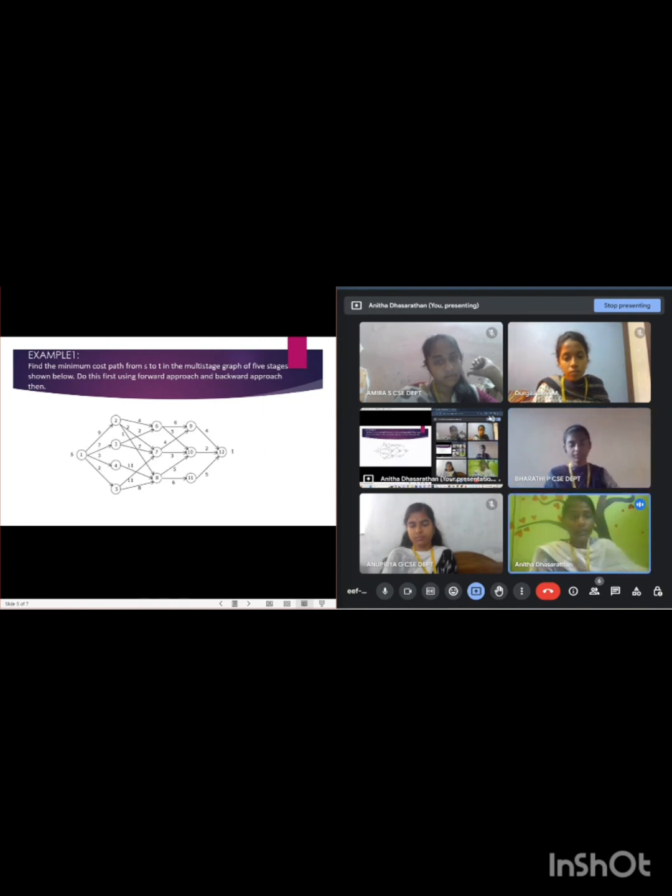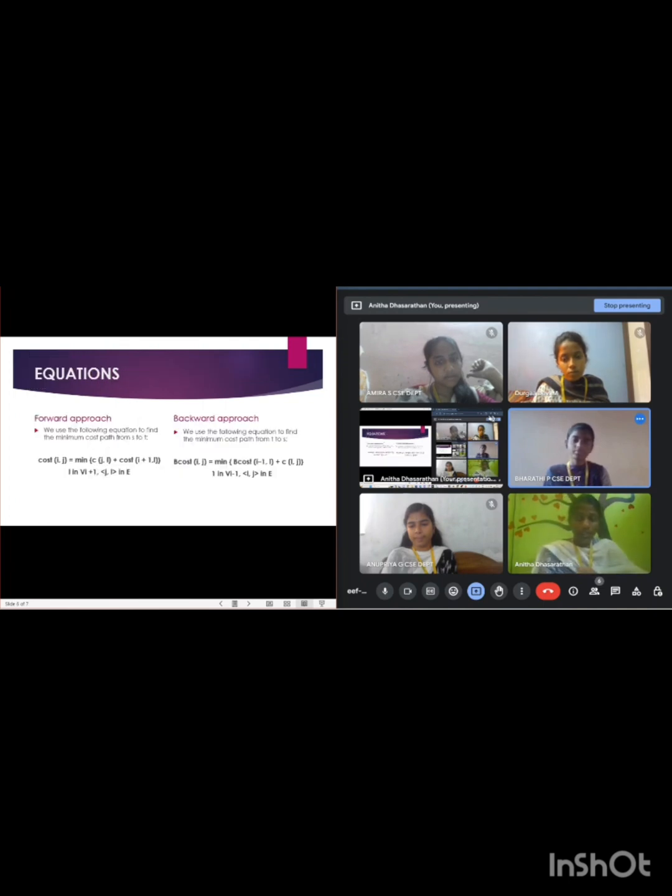It can be done in 2 ways, forward approach and backward approach. In the forward approach, we use this equation to find the minimum cost. That is, cost of i comma j. Here i represents the stage number, and j represents the vertex, which node in that stage we are doing.